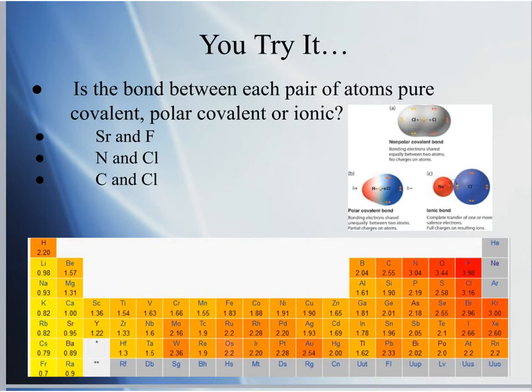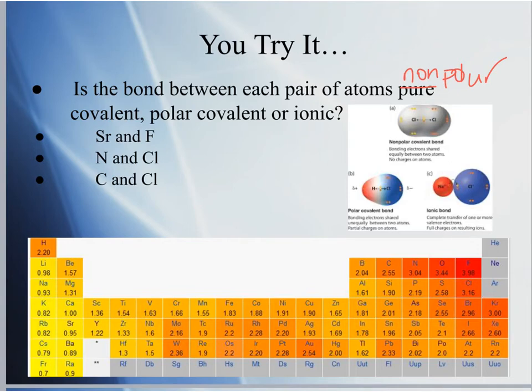For each of these pairs of atoms, you're going to subtract the electronegativity values using the chart on the screen and classify each pair of atoms as being bonded together by a non-polar covalent bond, a polar covalent bond, or an ionic bond. Go ahead and pause it, do the math, and figure out the bond types, and then you can unpause it and I will go over the answers together.